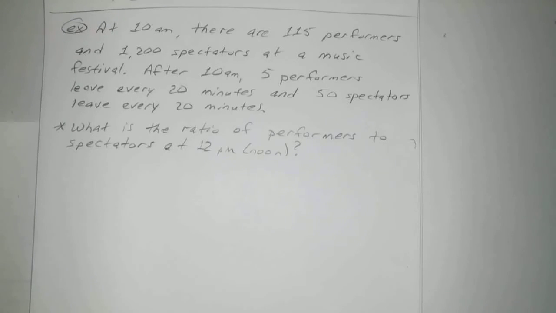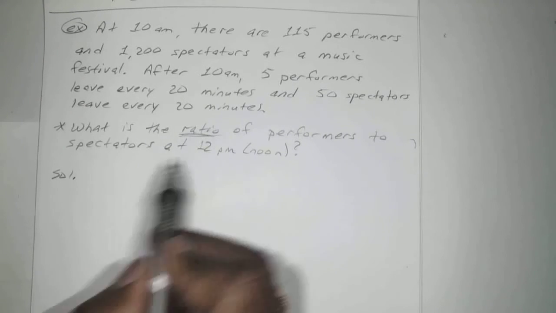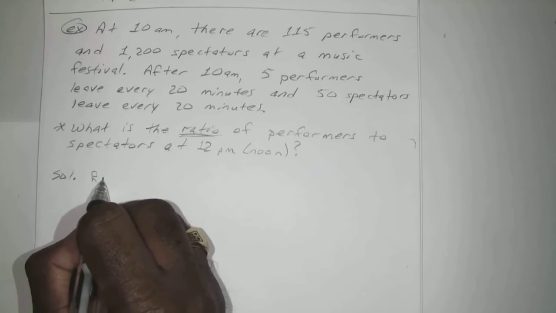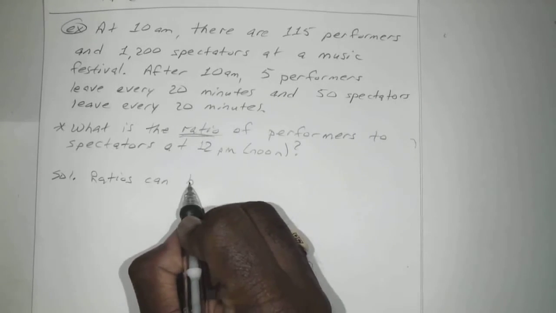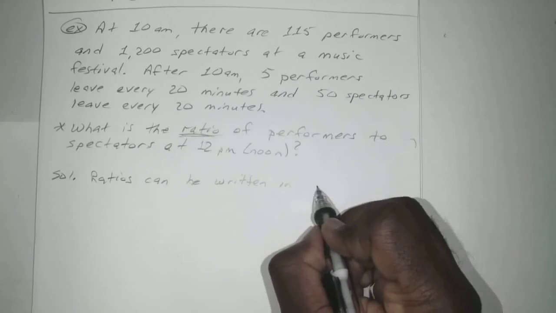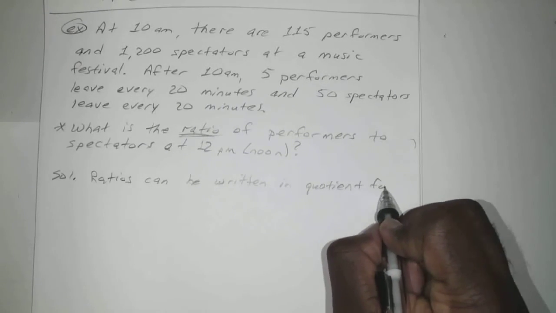Okay, so the first thing we want to do is remember that a ratio can be written in quotient form. Put that in fraction form.